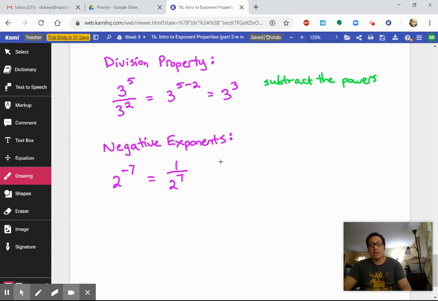So with negative exponents, if we've got a negative power here, my shorthand is that it's equivalent to 1 divided by that thing to the positive power.